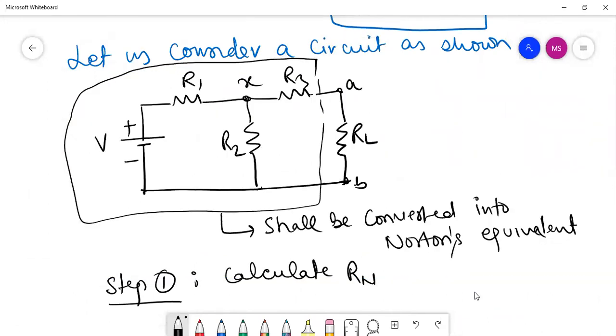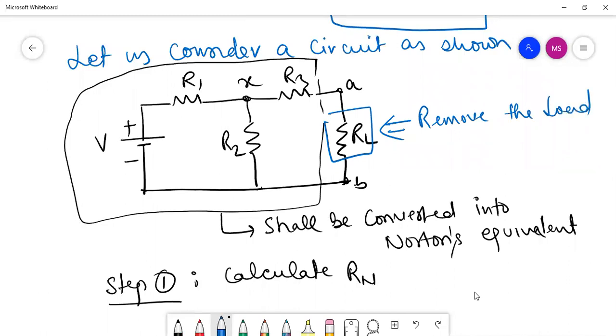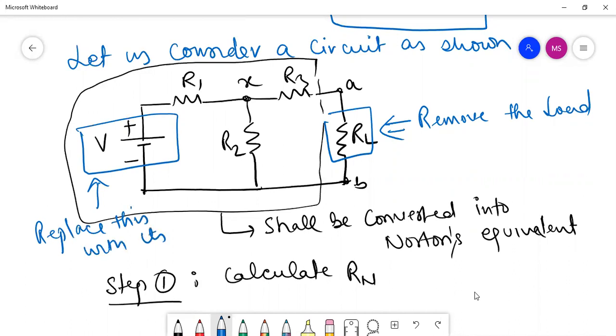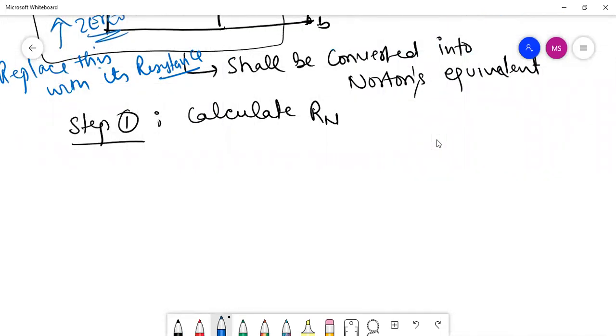We will remove this load branch and replace this with its resistance, right? Ideally the resistance of voltage source is 0, right? So we will redraw the circuit and we'll see how it looks like.